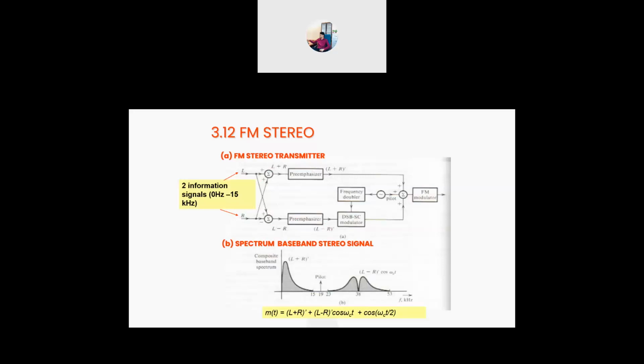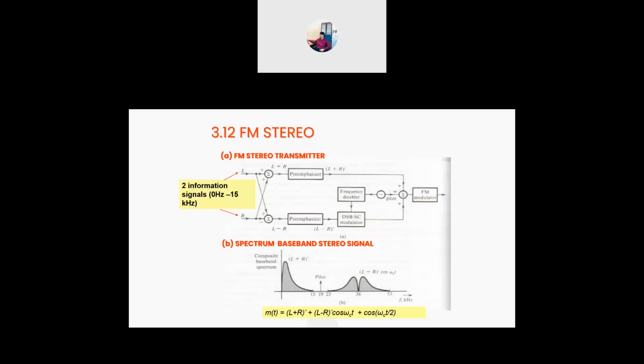Before that, we put a frequency doubler, doubling the frequency, and then it undergoes the double sideband suppressed carrier modulator.